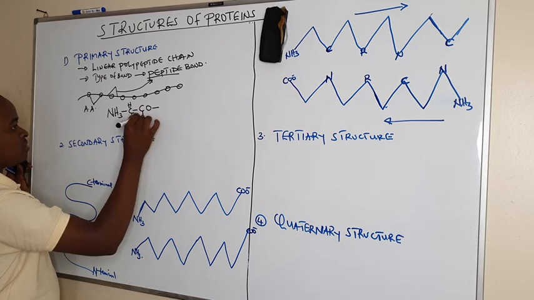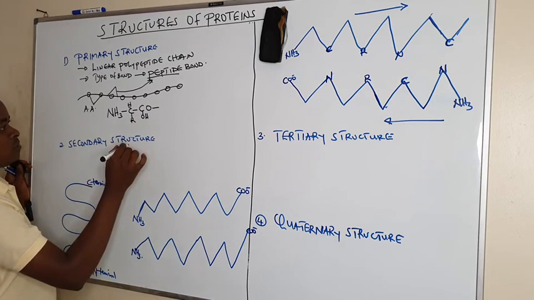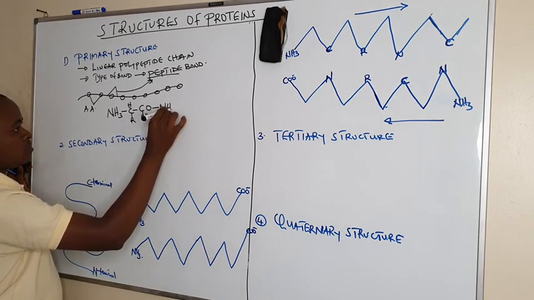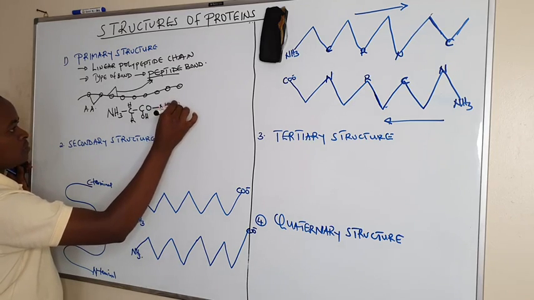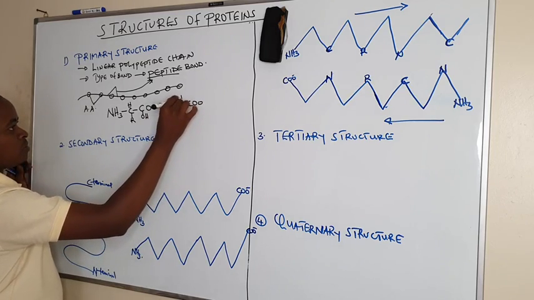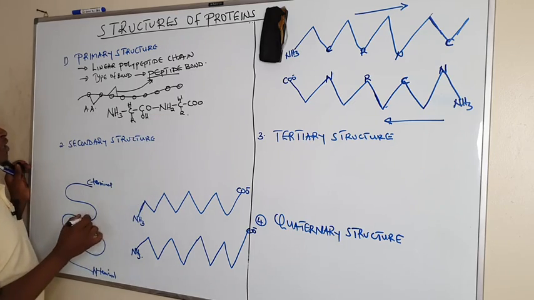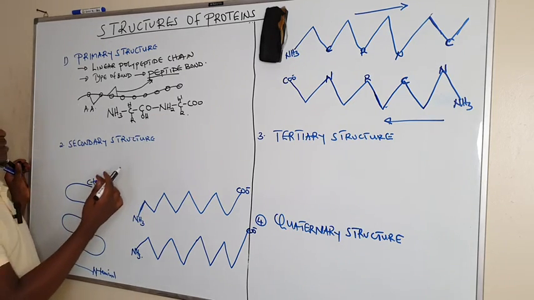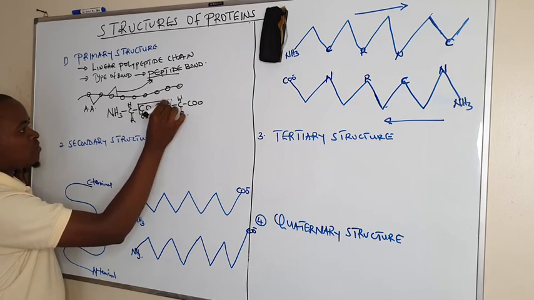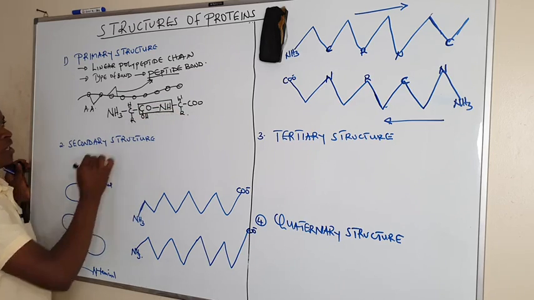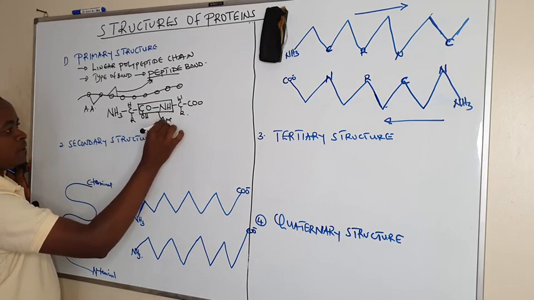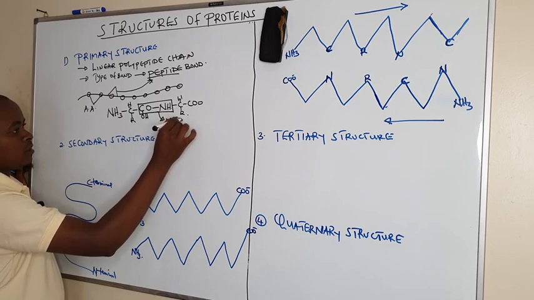Remember, it has the hydroxyl group, it is lost, and it joins to another amine group, then another carboxyl group. So what we call a peptide bond is the bond formed between the carboxyl group and the amine group of the incoming amino acid. This is what we regard as a peptide bond.